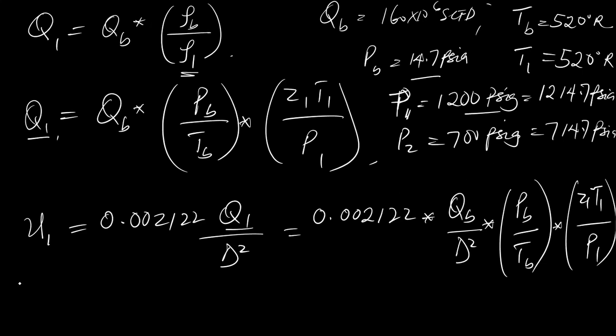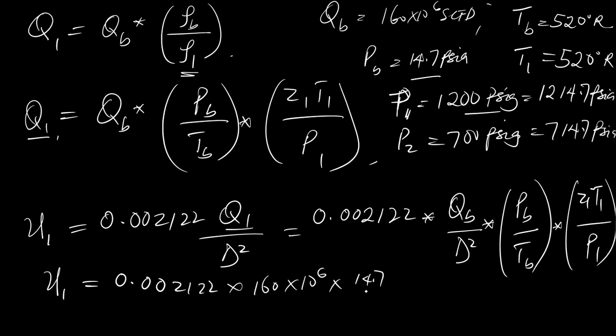So now the velocity at the inlet will be 0.002122 times 160 times 10 raised to the power 6, times the base pressure, which is 14.7, divided by the temperature, which is 520, times all of this divided by d square.